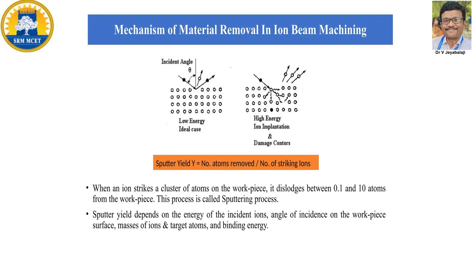When an ion strikes a cluster of atoms on the workpiece, it will remove between 0.1 and 10 atoms from the workpiece. This process is called the sputtering process. The sputtering yield depends on the energy of the incident ions, the angle of incidence on the workpiece surface, the masses of the ion and target atoms, and the binding energy.